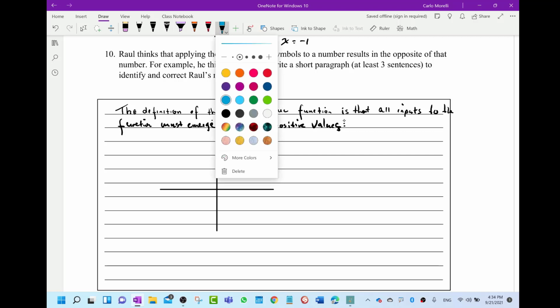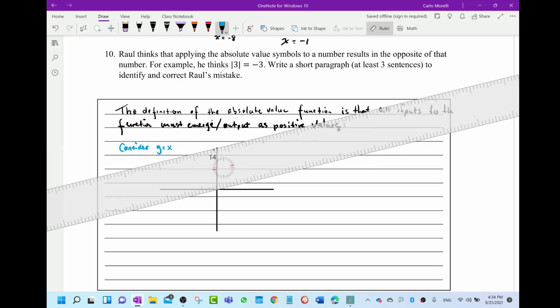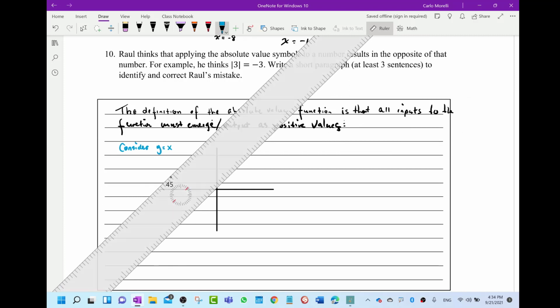I would say, let's graph, I would say, consider y equals x, okay? And just draw it, but do it in a special way. This is what I would do for Raul. I'd say, look, bro, so you got this part. All the x values are positive in quadrant 1. And then we hit the origin. Let's just switch colors and keep drawing.